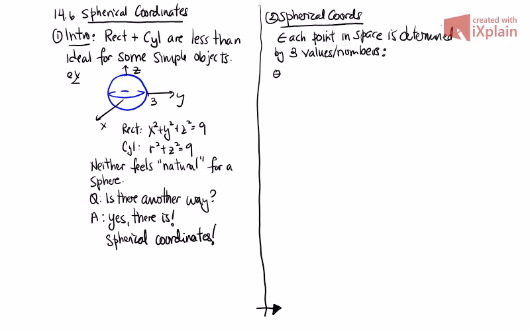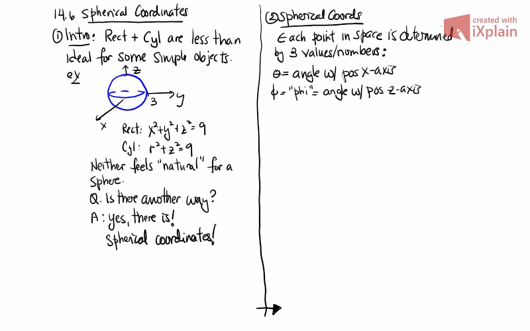We have theta. This is the theta that you know and love. This is the angle with the positive x-axis. Then we have this guy, phi. This is the angle with the positive z-axis. This may seem a bit weird, that's okay.